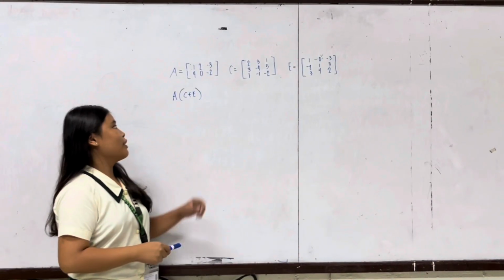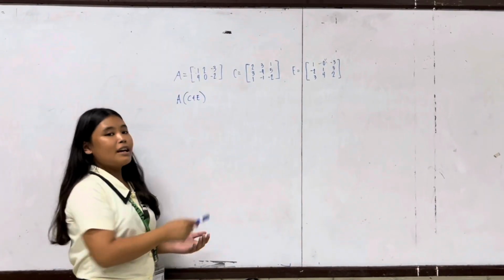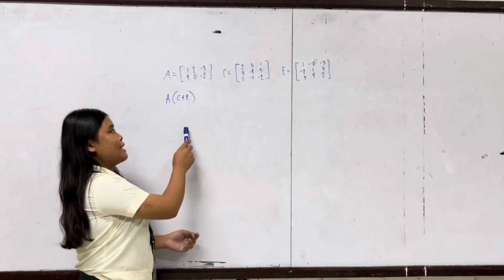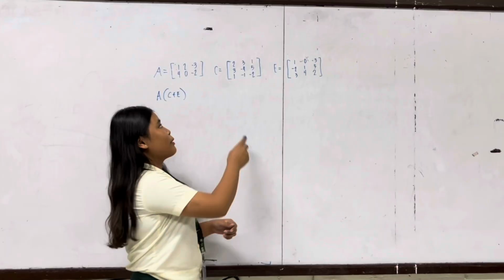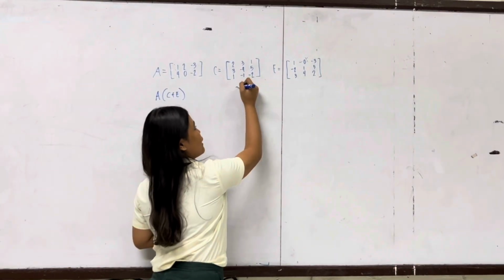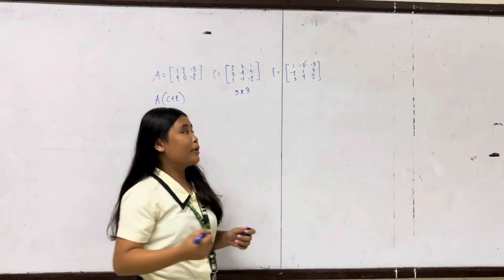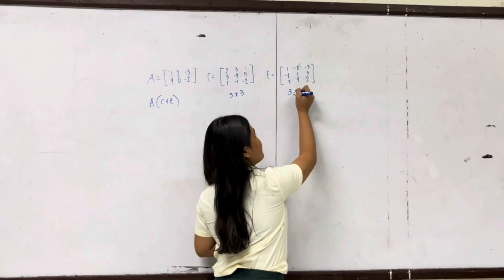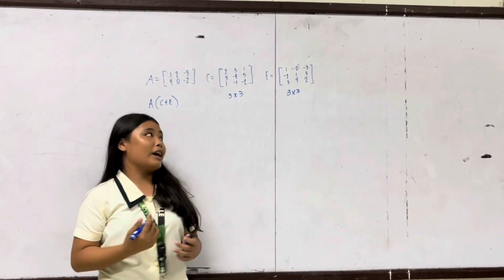So we have here a given of A times C plus A. So first, let's solve for C plus A. As you can see, our matrix C is 3 by 3 and our matrix A is 3 by 3, so we can add them together.